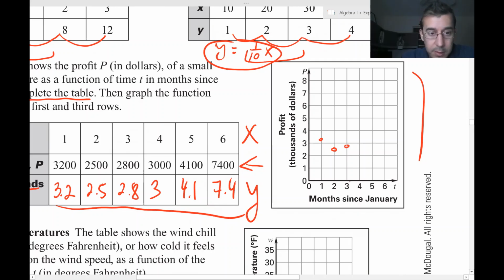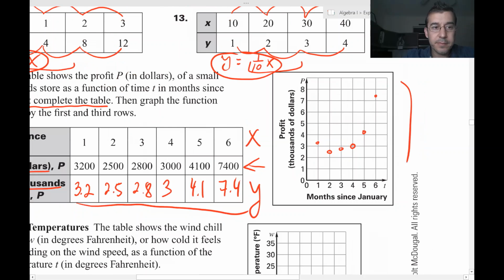Okay. 4 and 3. 5 and 4.1. And 6 and 7.4. Okay. So that's the graph.